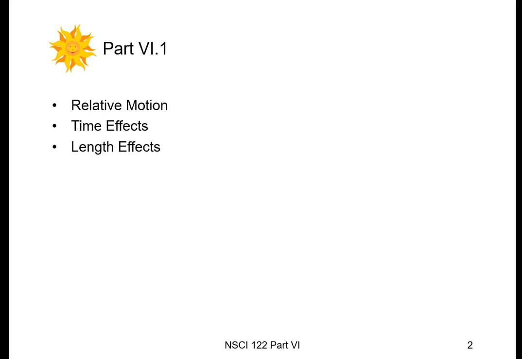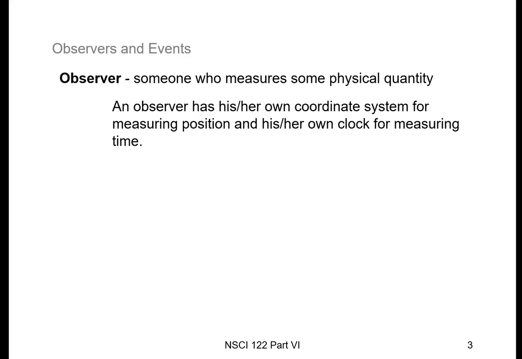Okay, so let's go ahead and get started and talk first about what we mean by relative motion and a relativity theory. So we have to define some terms that we're going to use, and one of those terms is an observer. An observer is simply someone who measures some physical quantity.